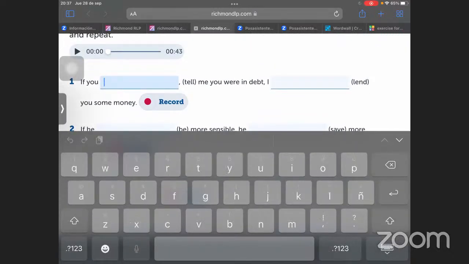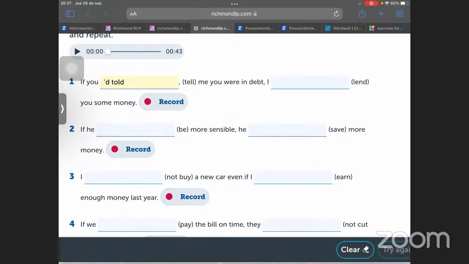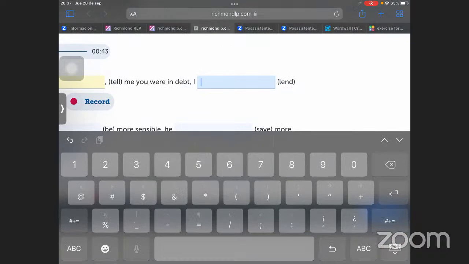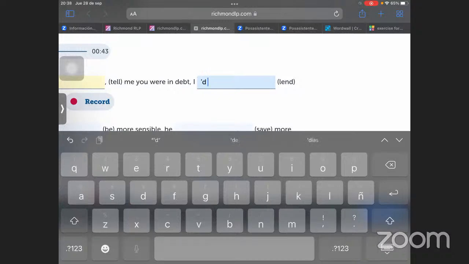If you had told me, okay, let's use contraction, right? Because it says use contraction. If you told me, you were in debt. So if you had told me you were in debt, I would have. Yes. So let's use contraction. I'd, I lent with the D or with the T?